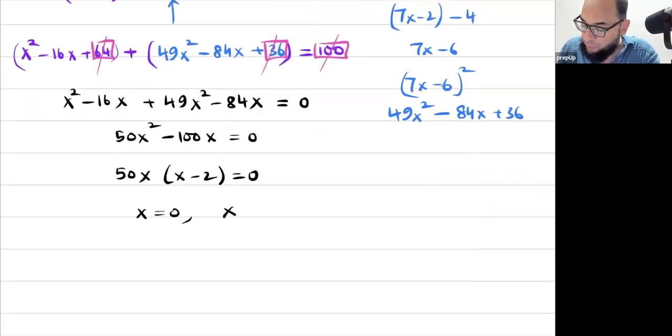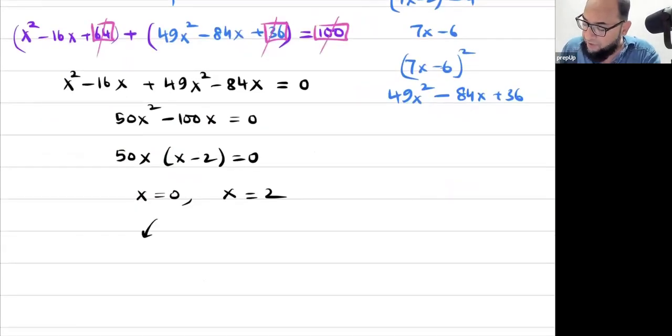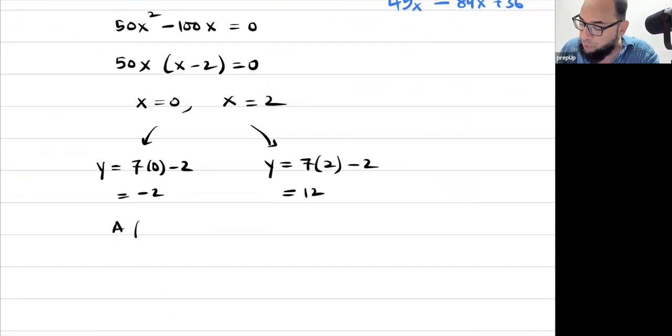Therefore, x is 0, therefore x is 2. When x is 0, y is 7 into 0 minus 2, which is negative 2. When x is 2, y equals 7 into 2 minus 2, 14 minus 2 is 12. Therefore, one of the coordinates is 0, negative 2. The other coordinate is 2, comma 12.